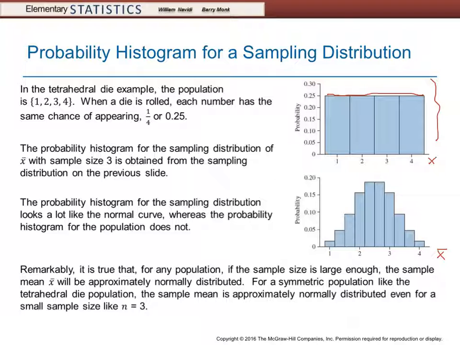Remarkably, it is true that for any population, if the sample size is large enough, the sample mean will be approximately normally distributed. For a symmetric population, like the tetrahedral die population, the sample mean is approximately normally distributed, even for a small sample size of 3.